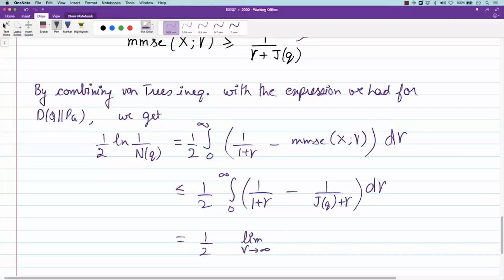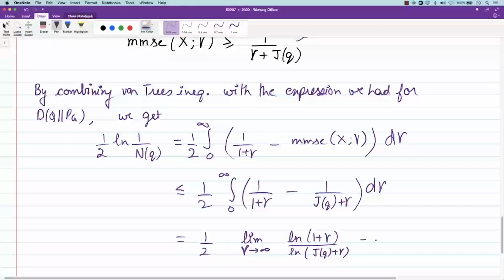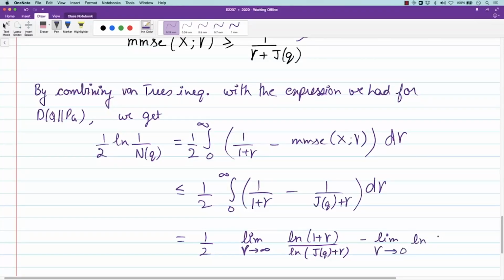This is an improper integral in the sense that in the limit these things will cancel. We get ln of (1 plus gamma) minus ln of (J(Q) plus gamma), which is the log of (1 plus gamma) by (J(Q) plus gamma).